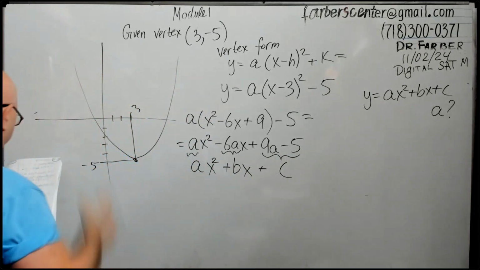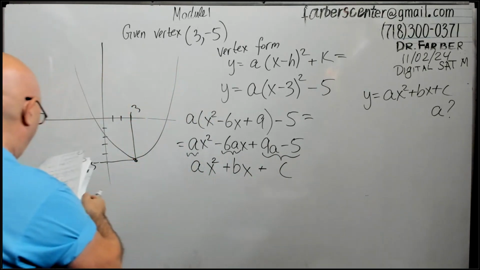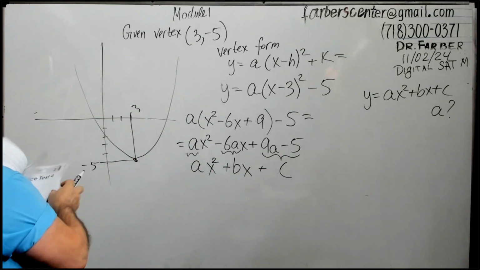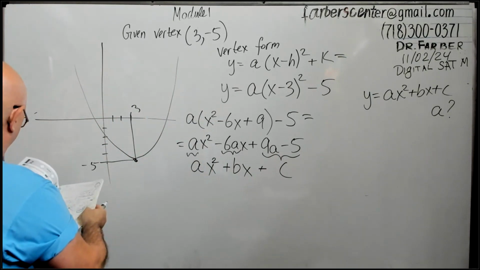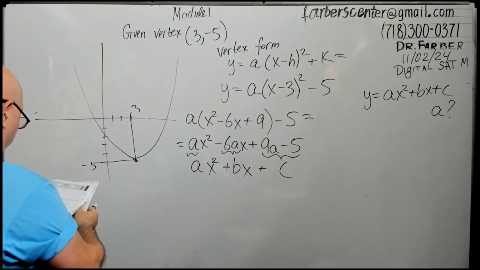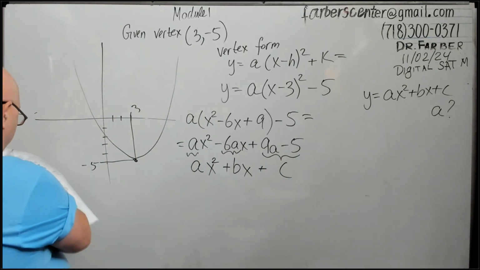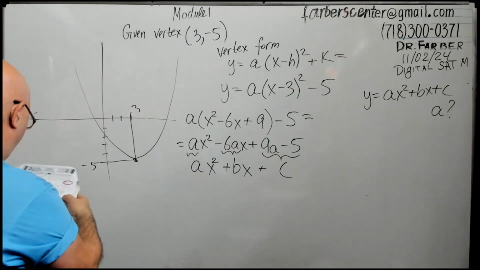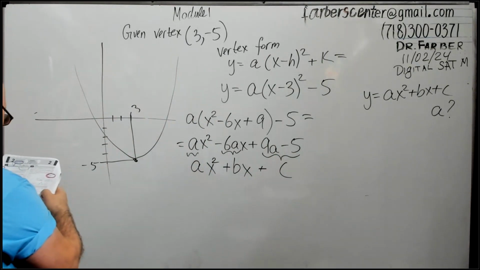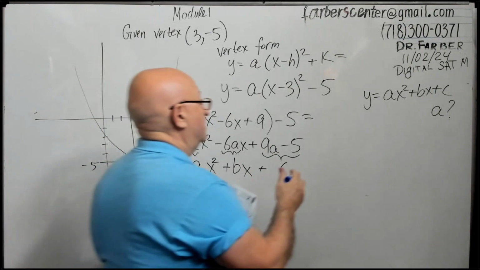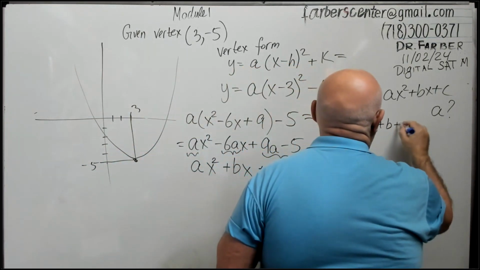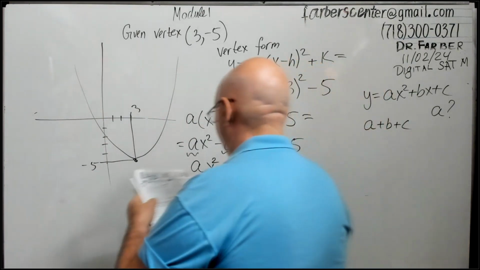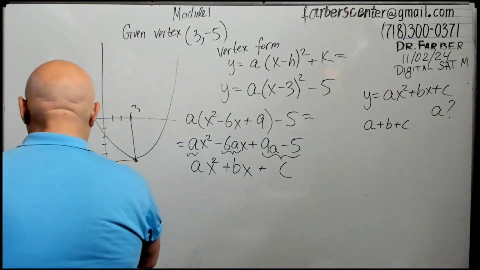And now they said, okay, just close it for a second. 26. Here it is. They ask you to find a plus b plus c. Well, let's do this, a plus b plus c.